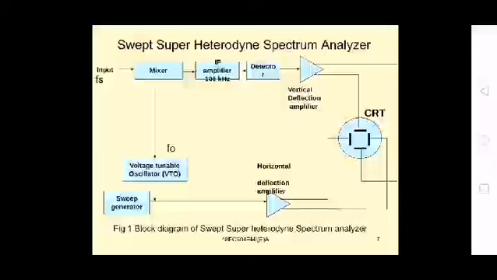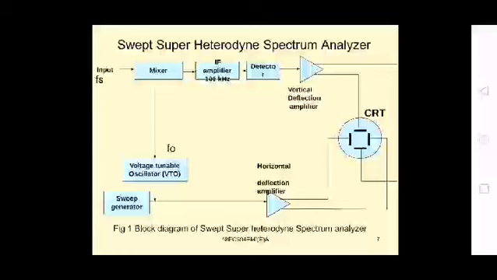One section is the superheterodyne receiver, the second one is your CRO. To the CRO's horizontal deflection amplifier, the driving voltage is given by the sweep generator or sawtooth voltage generator, and the frequency component of this sweep generator is coming from the voltage tunable oscillator, which will sweep from f minimum to f maximum, and the RF signal under consideration is given as input to the mixer.